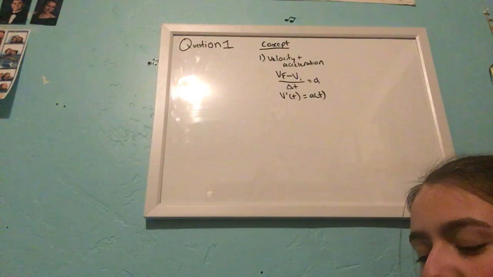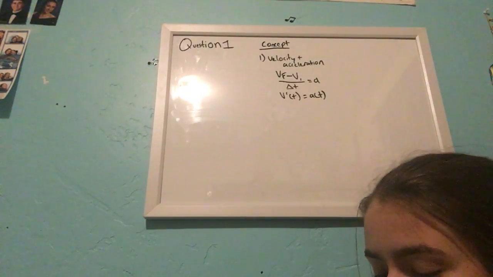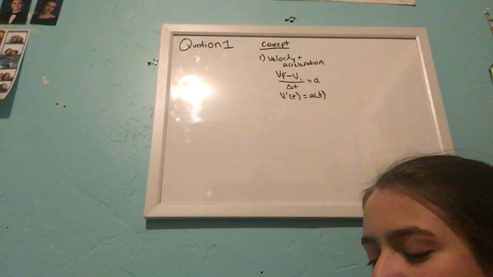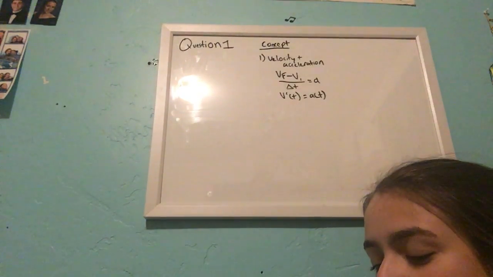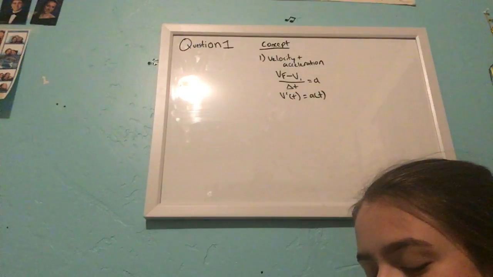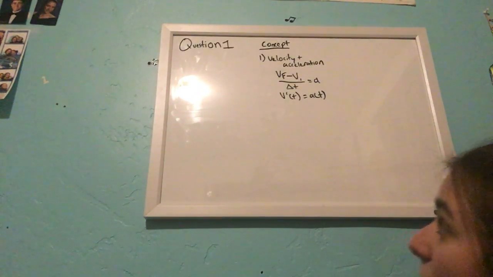Now I am going to read question 1. Okay, a plane starts at rest on a straight runway. For the first 30 seconds, the plane's acceleration a is given as a function of time t by the equation a, or acceleration, is equal to beta times t squared. So I'm going to write that down.